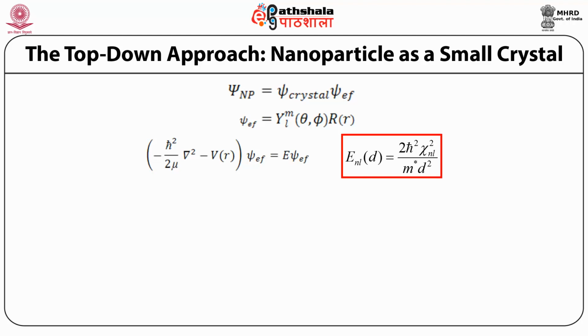In the hydrogen atom, it is the Coulomb potential, that is V(r) proportional to 1 by r, due to the proton in the nucleus. Whereas in a nanoparticle, electrons experience a spherical potential well of diameter d, for which V(r) equals V naught for r less than d by 2, and V(r) equals 0 elsewhere.